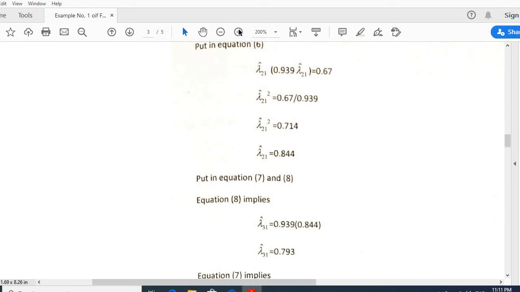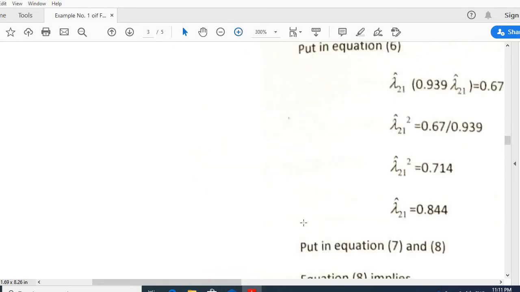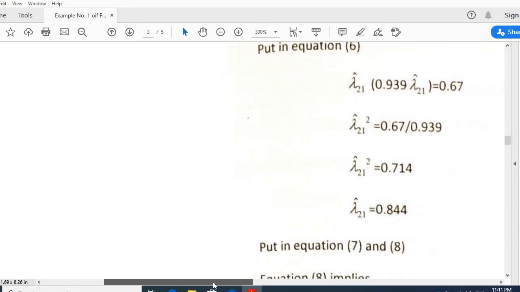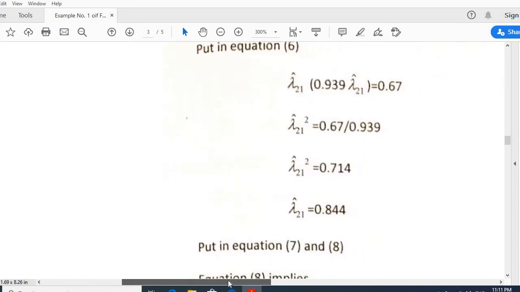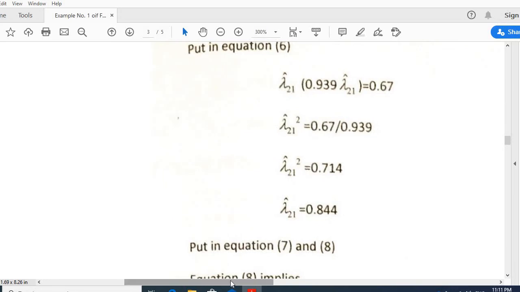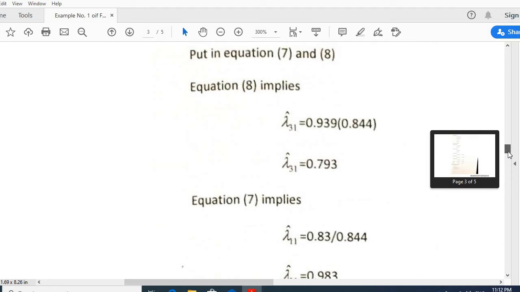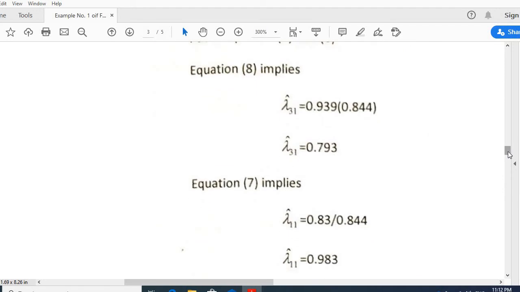We have obtained the values of lambda hat and psi, which are given here. Lambda 1 1 hat is equal to 0.983, lambda 2 1 hat is equal to 0.844, and lambda 3 1 hat is equal to 0.793.